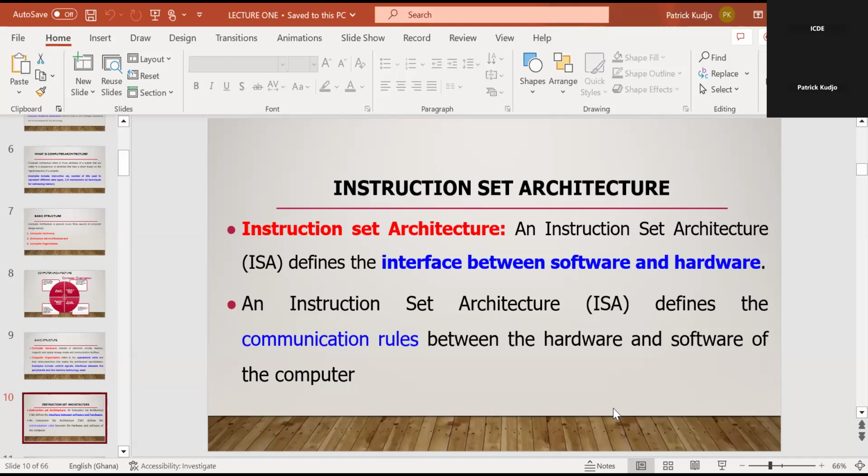So an instruction set architecture defines the interface between the software and the hardware. More importantly, it defines the communication rules between the major components of the computer system, which are the hardware and the software. It defines how the hardware interacts with the software, how they communicate with each other.